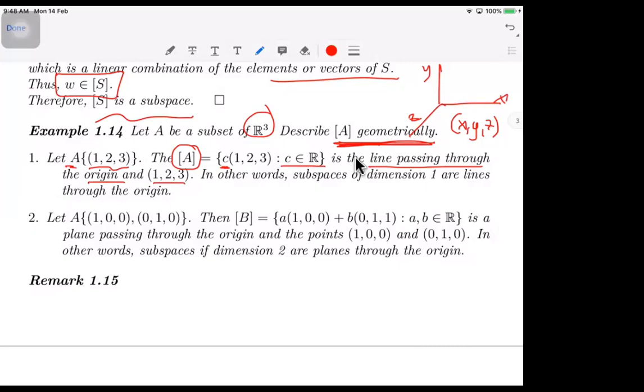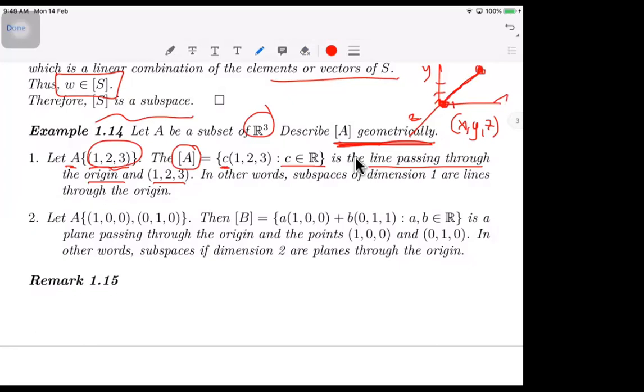So the linear span of 1, 2, 3 goes positive in one direction and negative in the other, here in Z. So the span of the point 1, 2, 3 is just the line passing through the origin and this point.